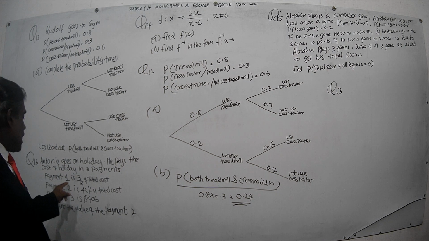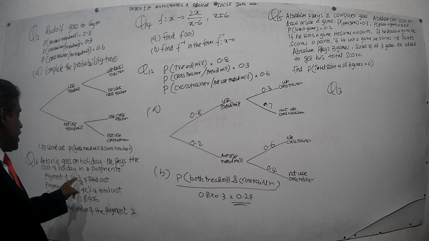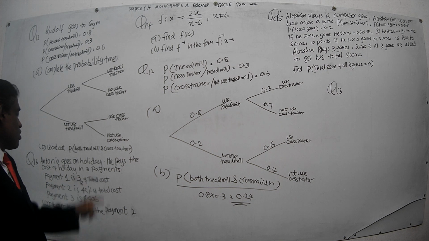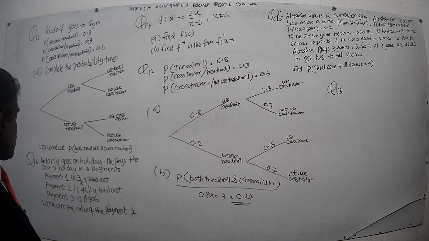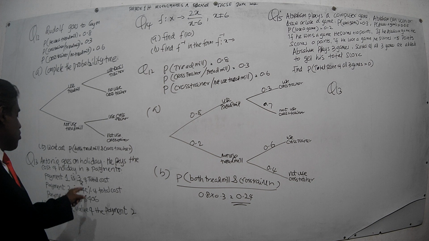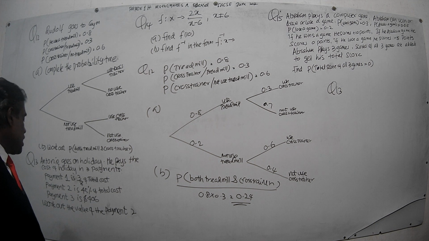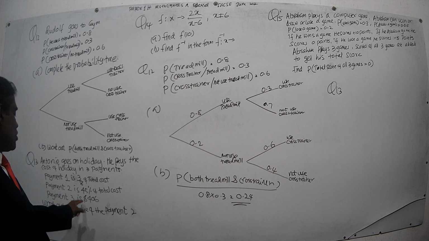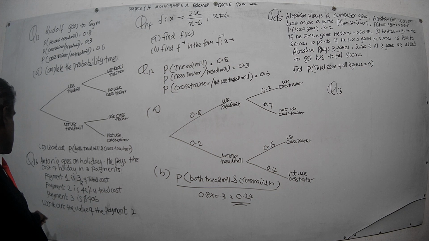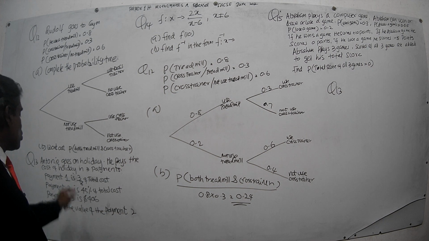Payment 1 is 3/8 of the total cost. Payment 2 is 45% of the total cost. Payment 3 is $406. Then what is the question? They ask to work out the value of payment 2.